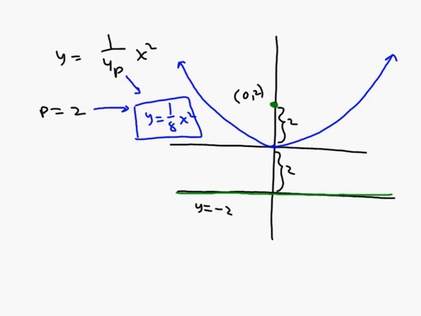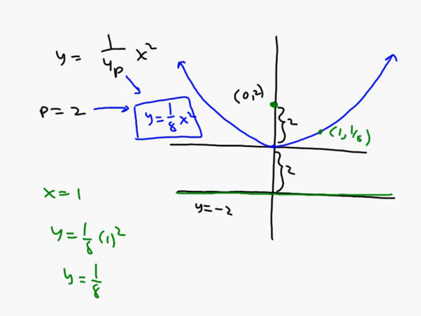So let's pick a point and see if this really happens. Let's try x equals 1. If x equals 1, we get y equals 1/8 of 1 squared, so y equals 1/8. Somewhere on this parabola is the point (1, 1/8).